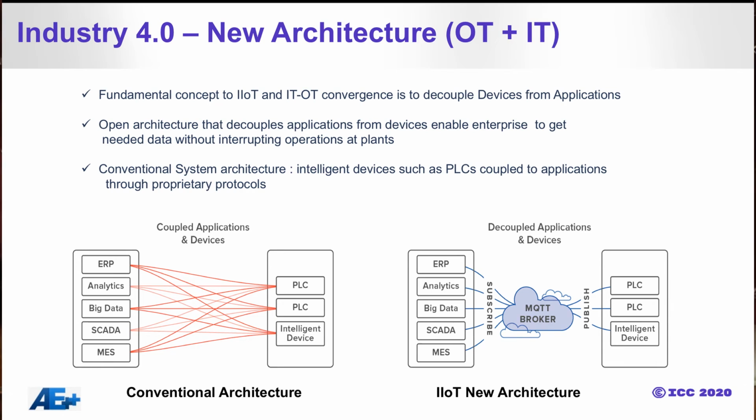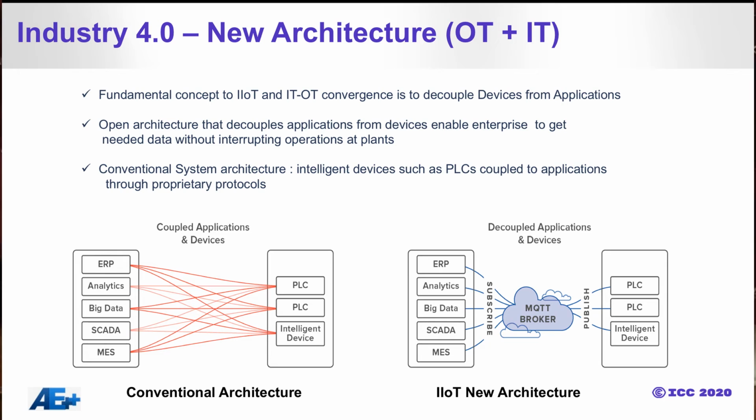So the fundamental concept of IIoT is actually what we said, decouple devices from application. Open architecture that decouples application from devices enables the enterprise to get needed data without interrupting operation at plants.